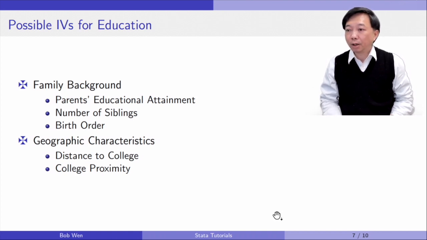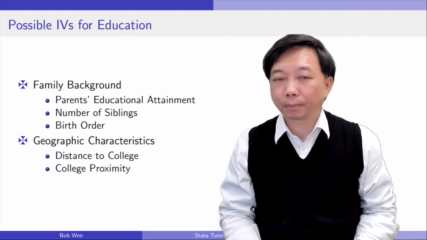For instance, the distance to a college from home, or whether living near a 4-year college, can be seen as a possible instrumental variable. They are not likely to influence the worker's wage directly or indirectly through any channels other than through the impact on the worker's educational attainment.